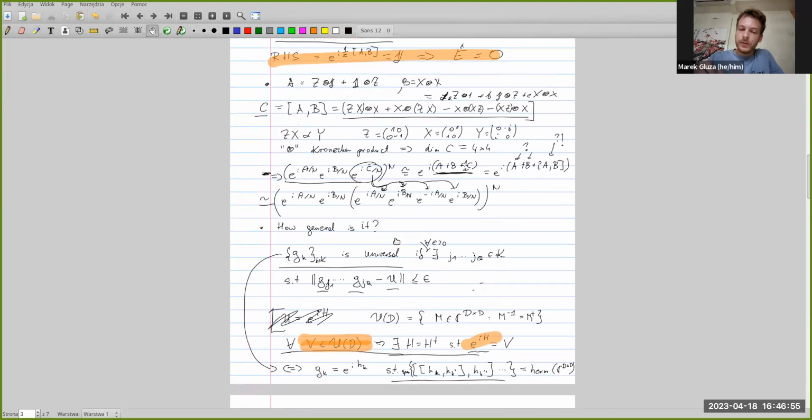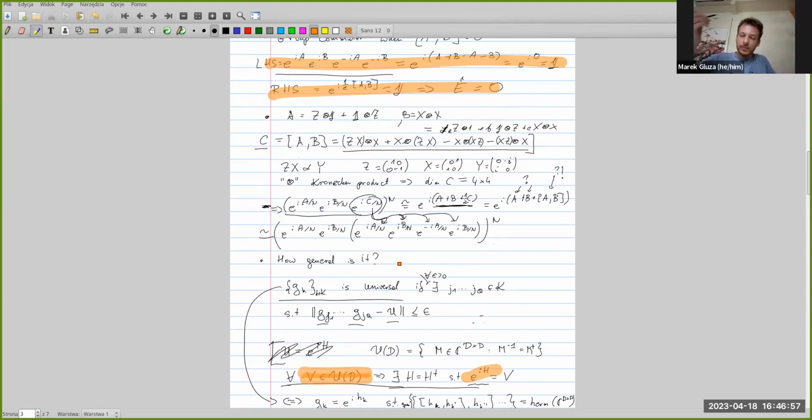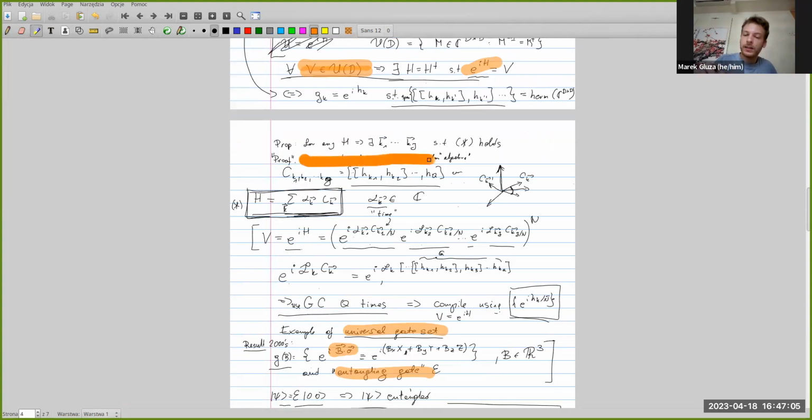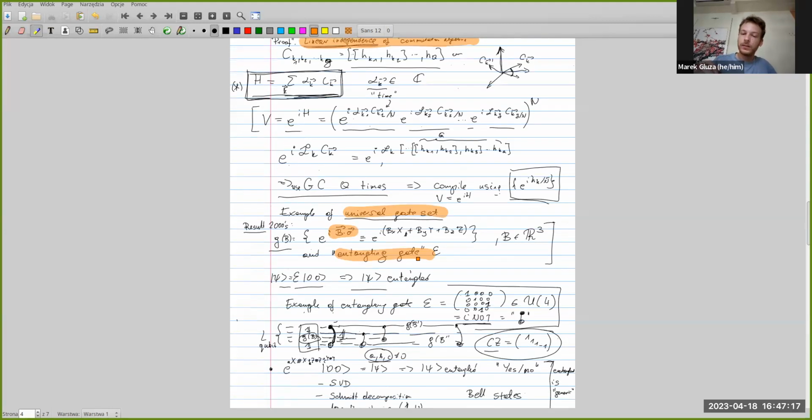And the next step was to unleash the power of the group commutator, and what we got is a universal gate set. And I even tried to explain that the only hard stuff that you need to understand is this linear independence of the commutator algebra, and that's where Lie algebras are useful to understand. That's something that I didn't have time to explain.